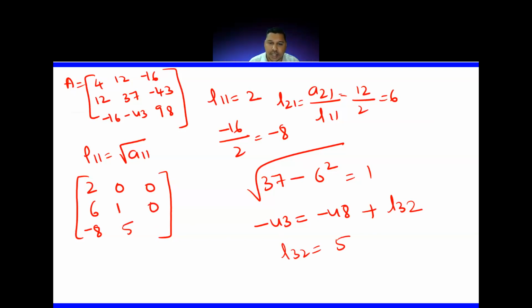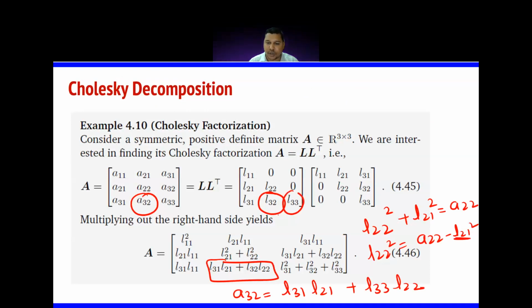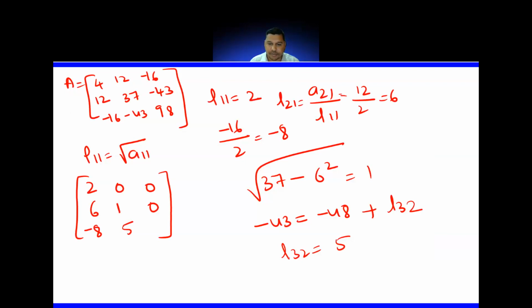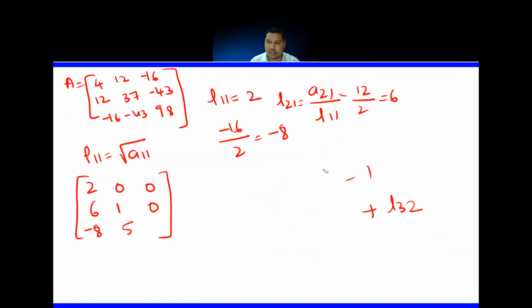Only the last term we have to find out. What is the last term? L33. How do we find L33? L31 square plus L32 square plus L33 square equals A33.